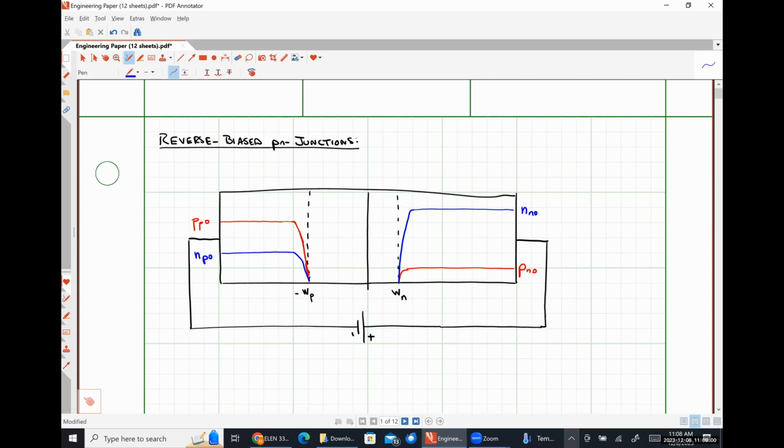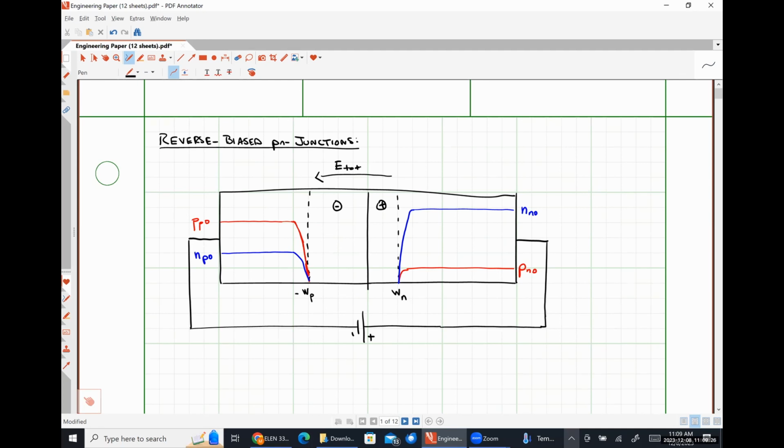Our total electric field is going to be in this direction, and just for the sake of argument here, we have bound negative charge and bound positive charge, and this is E total.